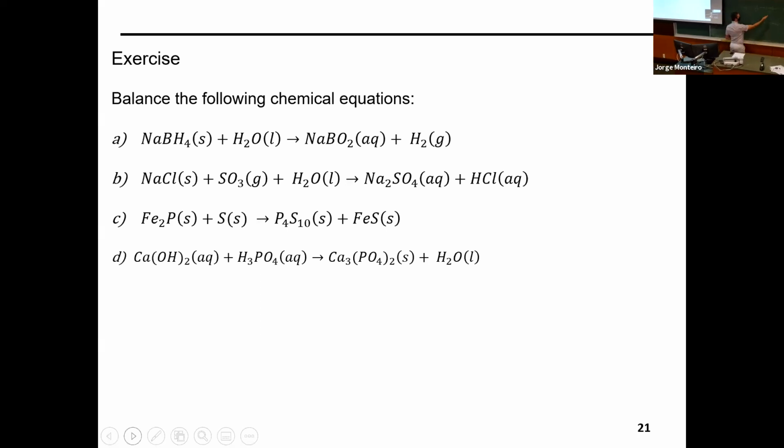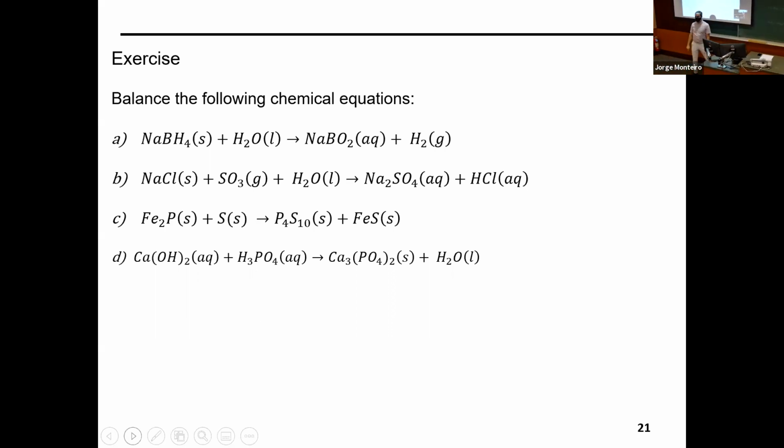Unbalanced, so we need to balance the number of atoms of oxygen. So let's add a coefficient 2. So this number 2 will multiply the indexes. So now we have 2 times 1, 2 atoms of oxygen before, 2 after, so that's balanced.